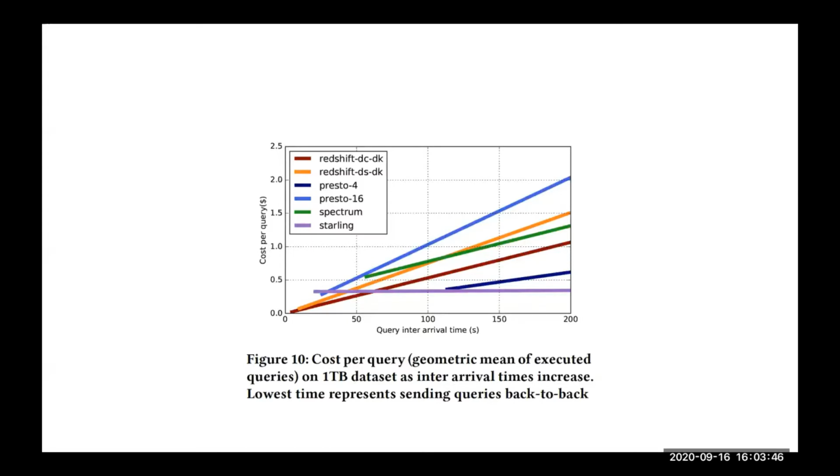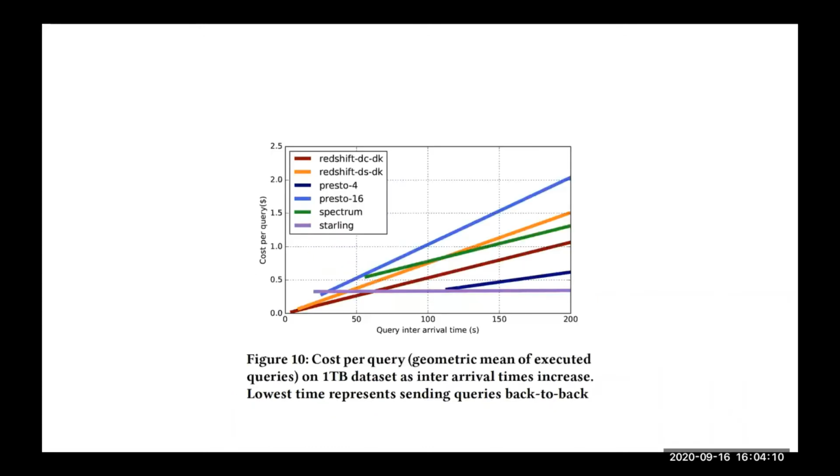The cost per query would increase because now you have to provision more resources, and if there is any fluctuation, then you are still paying that cost. But for Starling, you're not paying that cost.